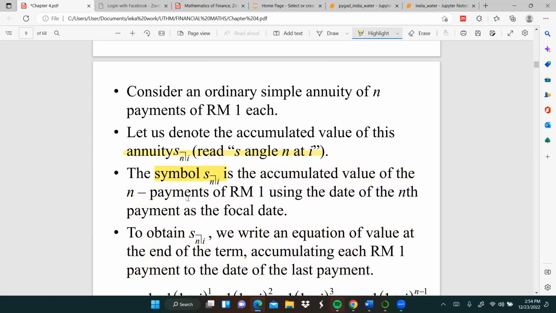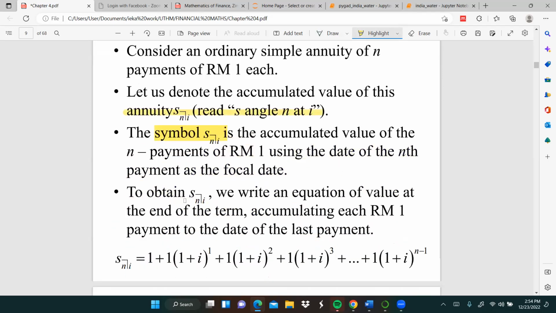To obtain S angle n at i, we write the equation of value at the end of the term, accumulating each RM1 payment to the date of the last payment.